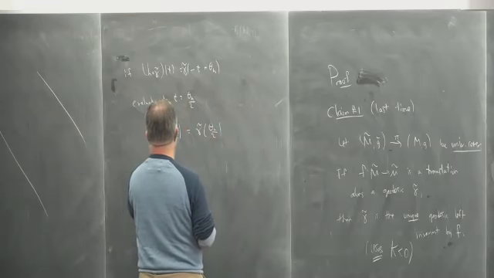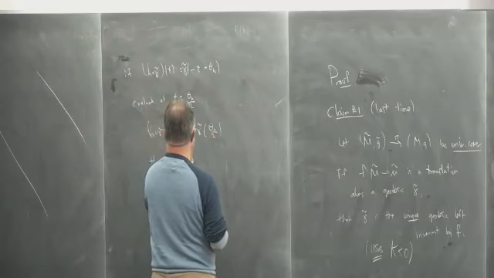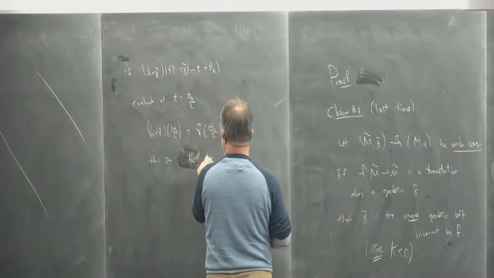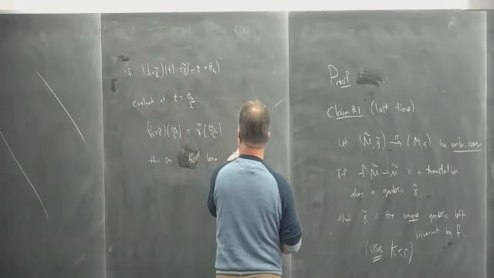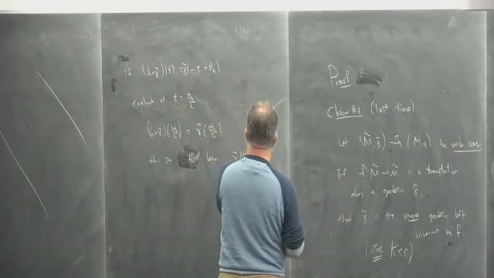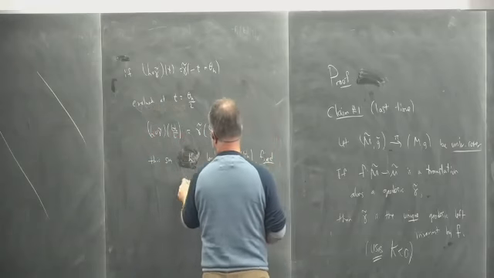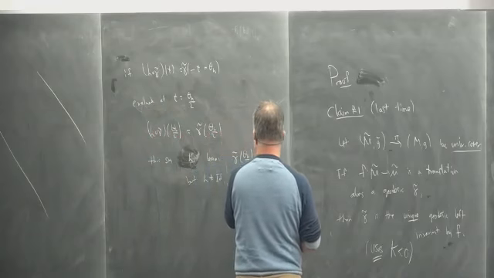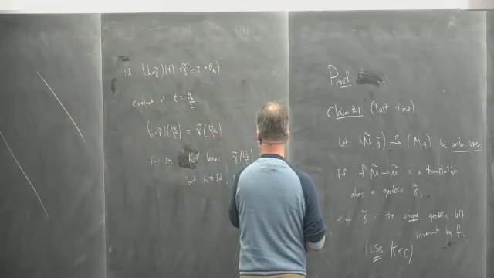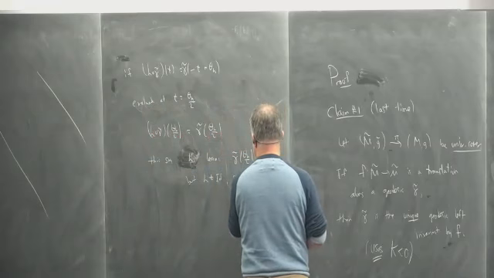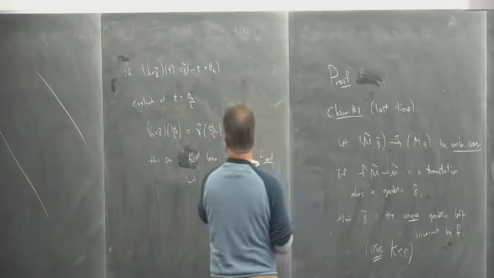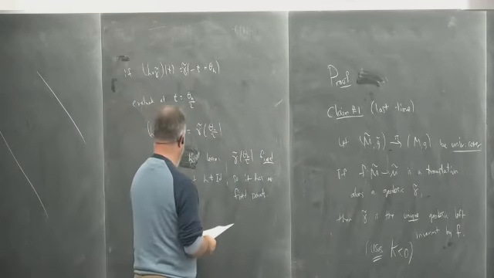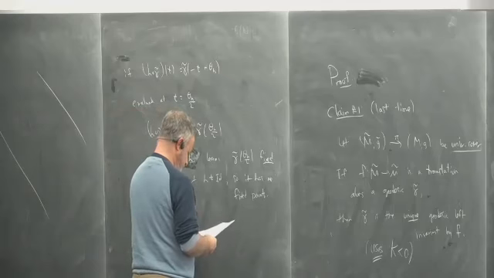And this says that h leaves gamma tilde of theta_h over 2 fixed, but h is not the identity, so it has no fixed points. That's right. And therefore, that's a contradiction.